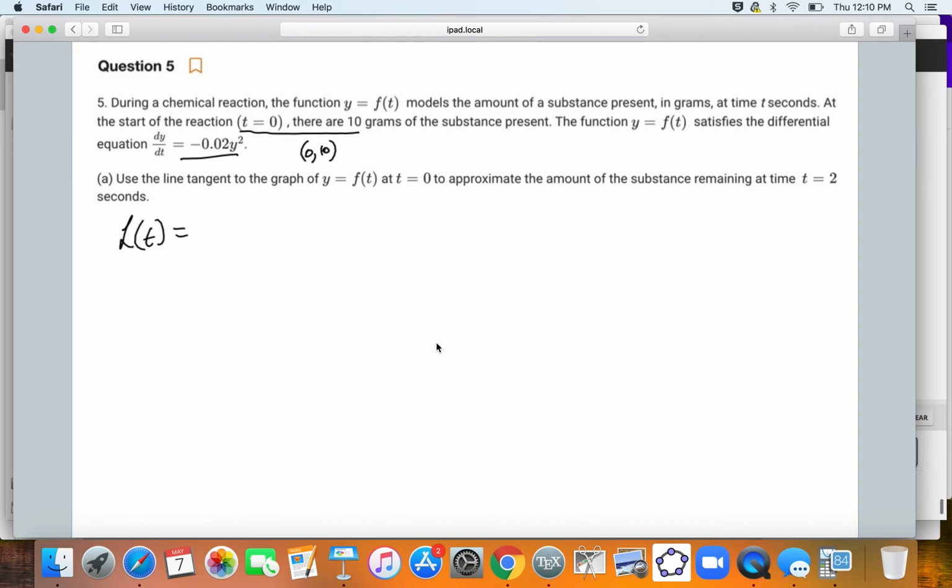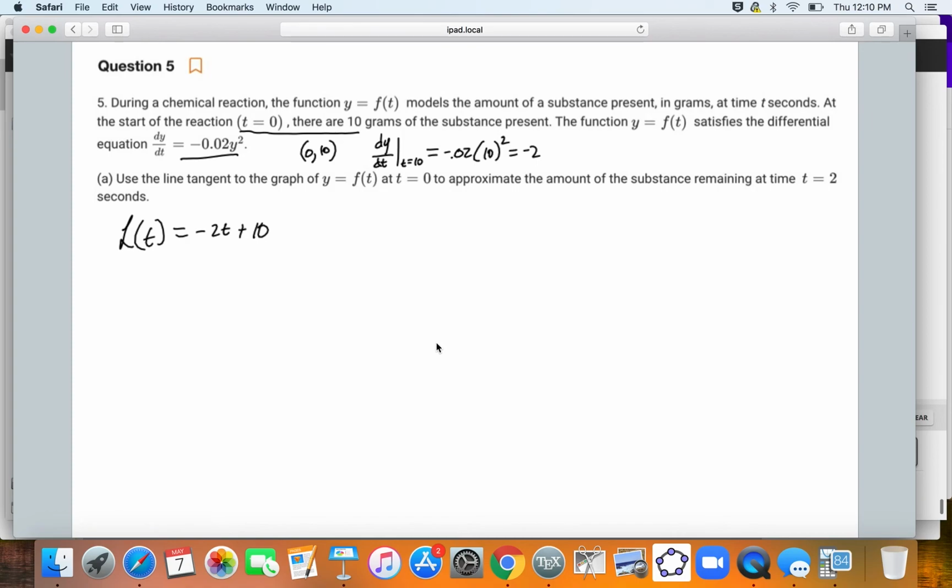So dy/dt at y equals 10 is just going to be negative 0.02 times 10 squared, which is negative 2. So the equation of my line will just be negative 2t plus my y-intercept is 10.